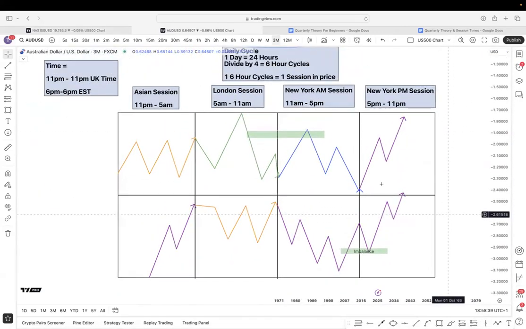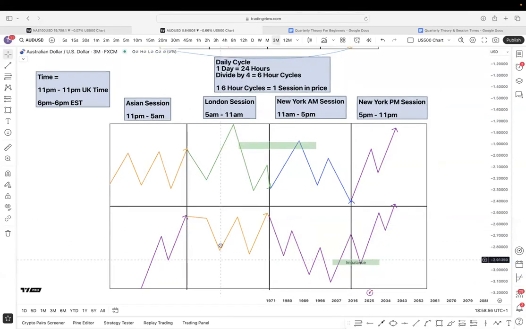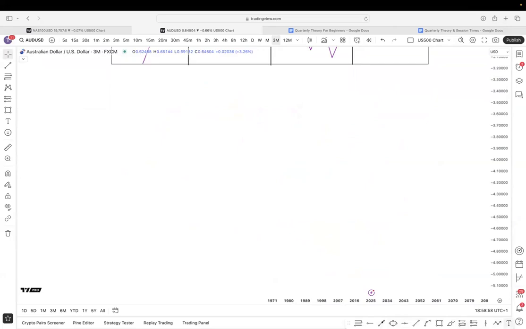Because basically, if the Asian session has offered you accumulation, you are more than likely going to have something to do in London or New York session, or London and New York session. If the Asian session is expanding, then the London session and New York session is unlikely to give you much to do.